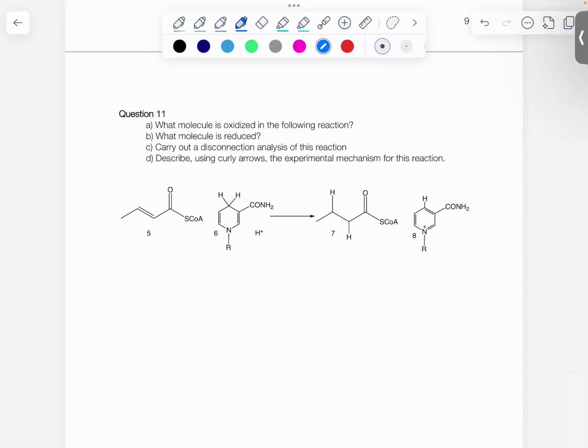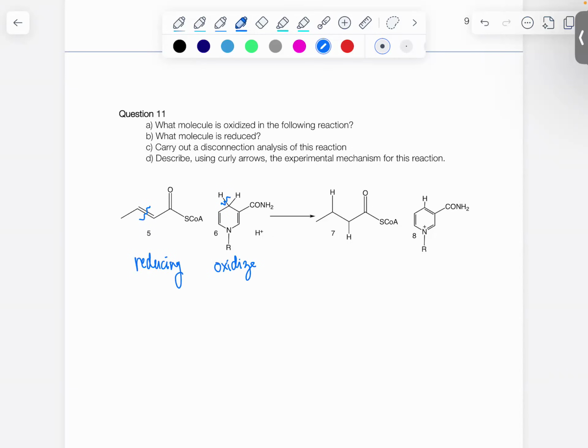So next we have a callback to our oxidation and reduction reactions. In this one we are oxidizing NADH and reducing this CoA molecule here. And then we can do disconnection analysis. We're going to break this double bond and we're going to lose a proton here.